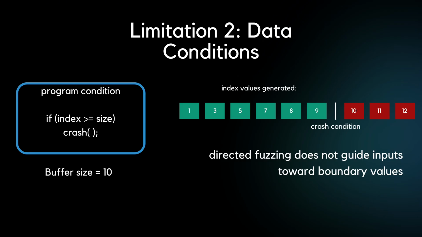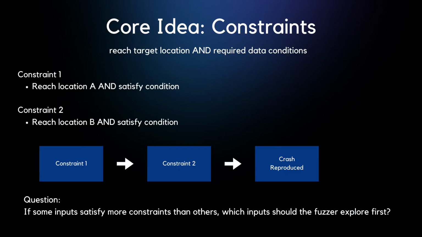These past two limitations that we've talked about, the execution order and the data conditions, motivate the main idea of the paper. The key insight of this paper is that many bugs can be described as a sequence of constraints, and each constraint represents a requirement that must be satisfied before the crash can occur.